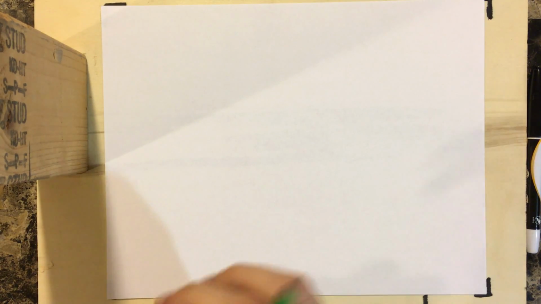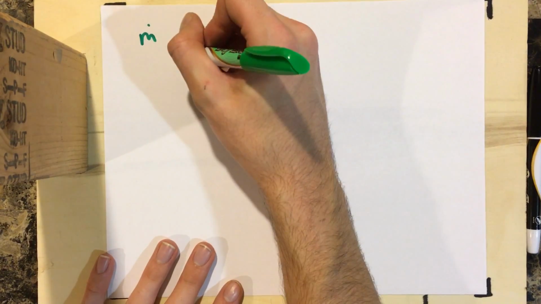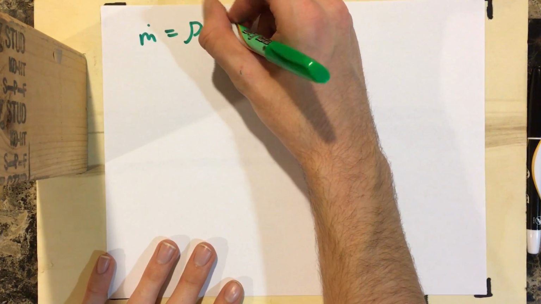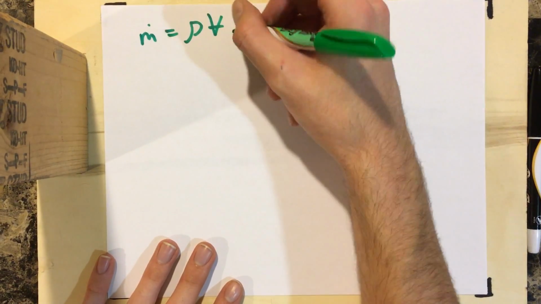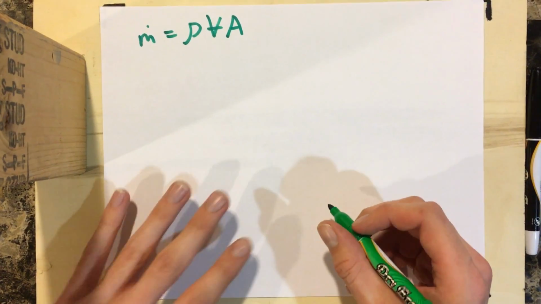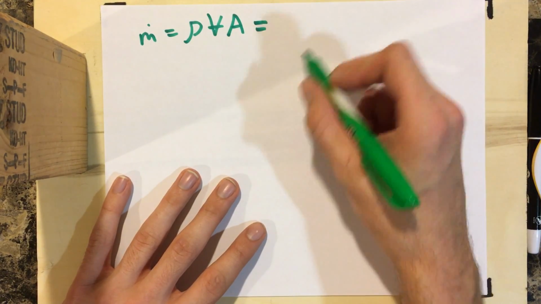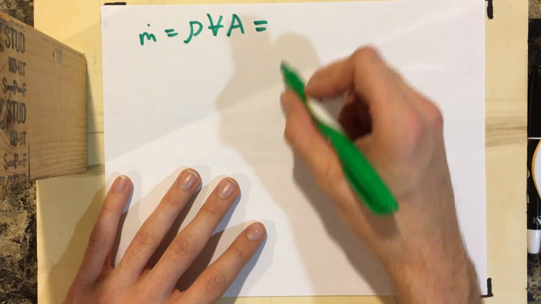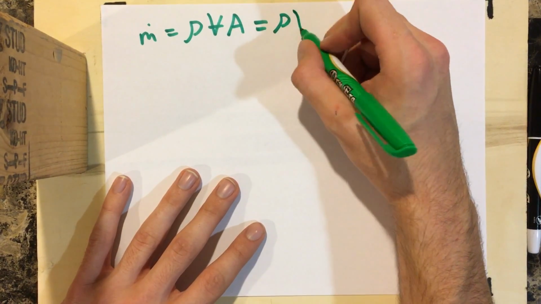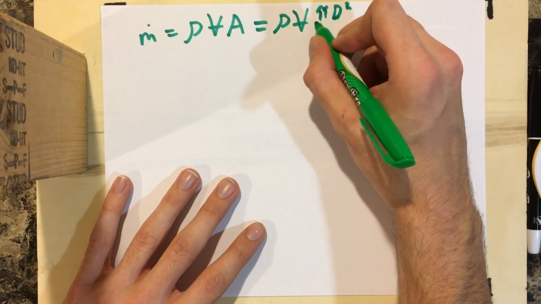So the mass flow rate will be the density of air times the velocity of the air going through it times the area of what it's going through. We know that the area of the windmill is theoretically a circle because they spin. So we can simplify this to rho times the velocity times pi d squared over 4.